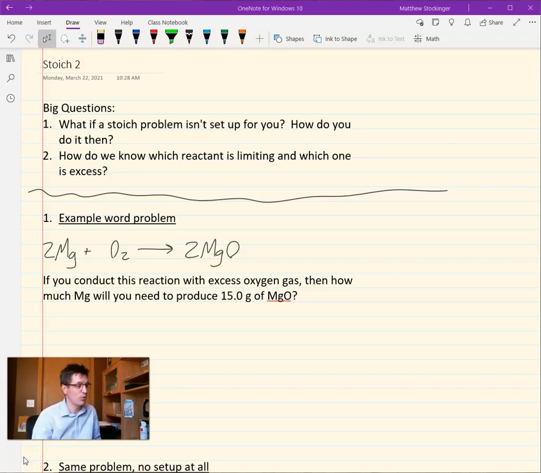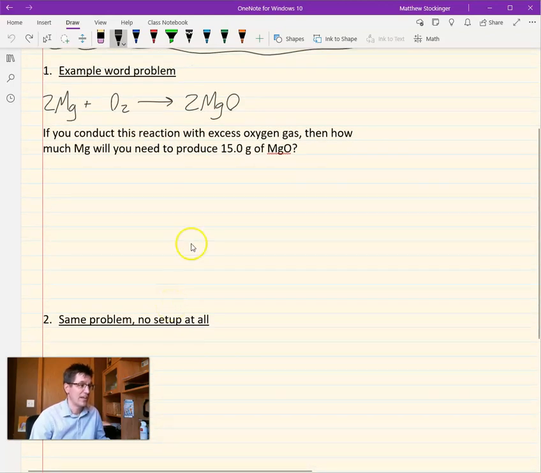I've got an example word problem right here. We've got the reaction between magnesium and oxygen gas to form magnesium oxide. That's a synthesis reaction. And the question is, if you conduct this reaction with excess oxygen gas, then how much magnesium are you going to need to produce 15 grams of this product?